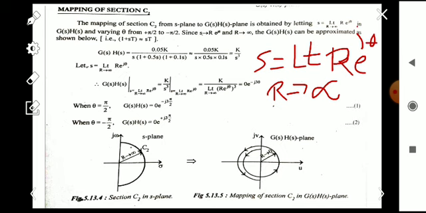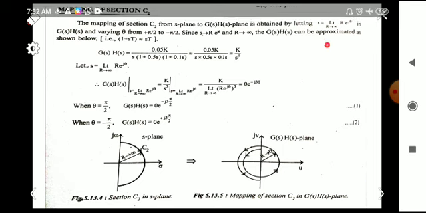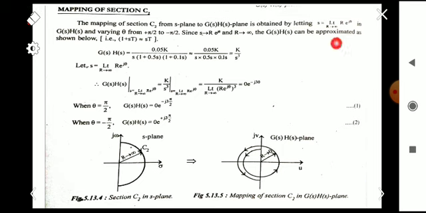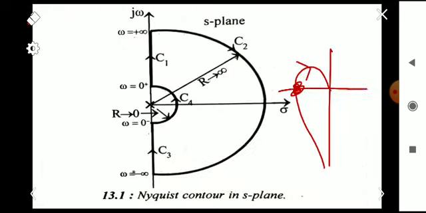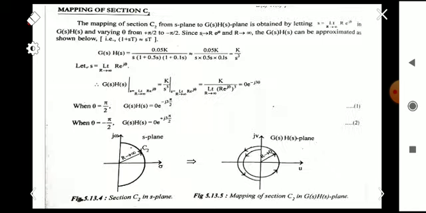Here r tends to infinity because the radius of section C2, listen carefully, is infinity, since we are considering the entire right half of the S plane. The radius of the small half circle is 0. So for mapping section C2 we let s equal to limit r tends to infinity of r into e raised to j theta in G(s)H(s).